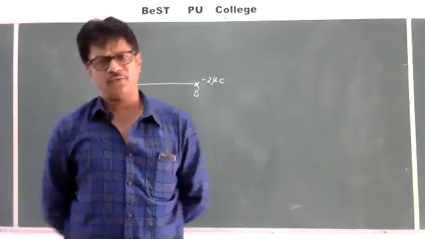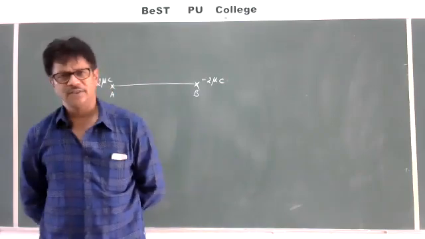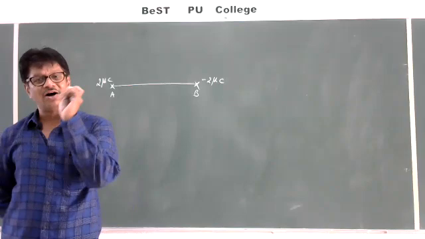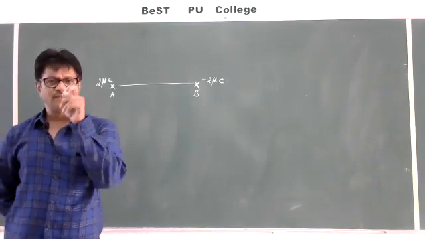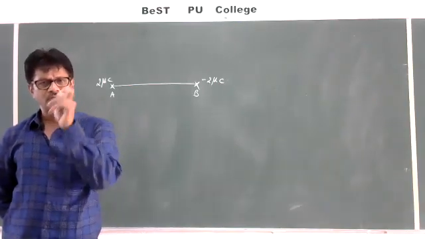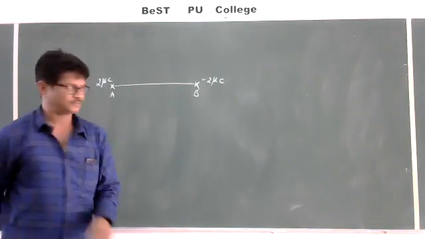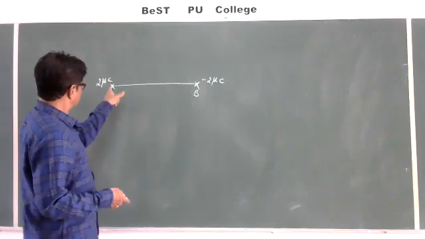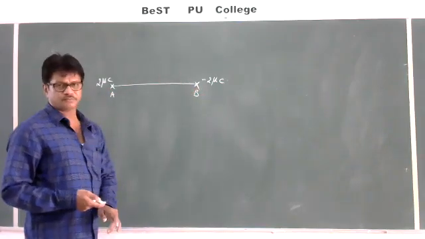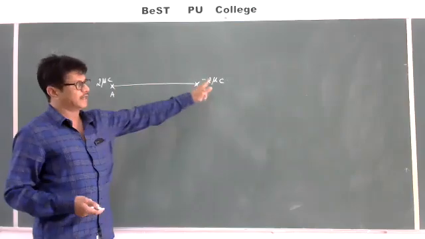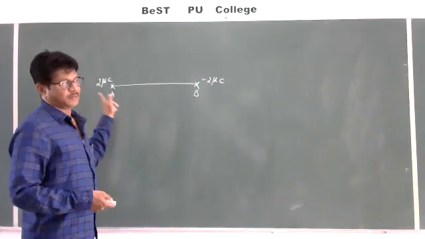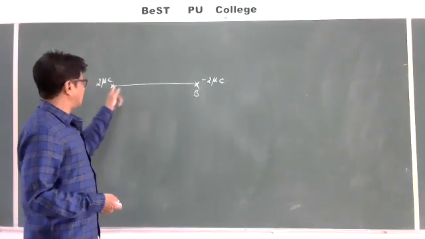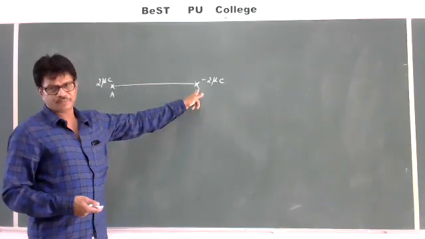How will you identify what is equipotential surface? The surface at which the potential is same at all the points. Already we discussed. By seeing this diagram, because of two equal and unlike charges separated by a certain distance, it will look like a dipole.